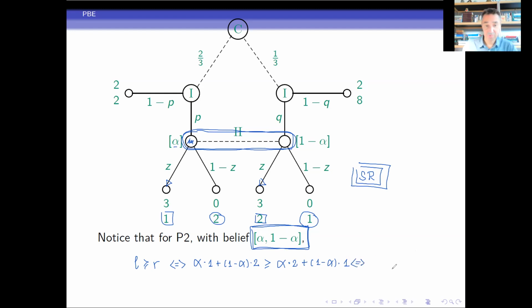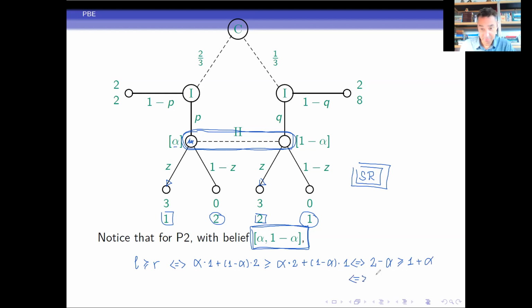And of course, if you figure this out, on the left-hand side it says 2 minus alpha, and here it says 1 plus alpha.